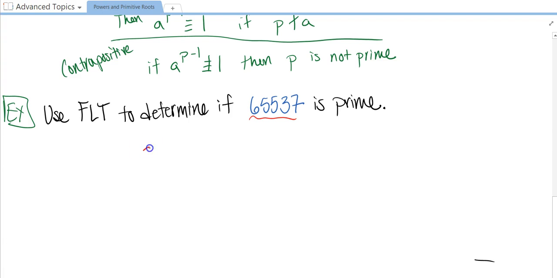I'm going to do 7 to the 65536, which is p minus 1, mod 65537. I would go to Wolfram Alpha and type this in, and feel free to do that on your own. I do indeed get that it is equal to 1.